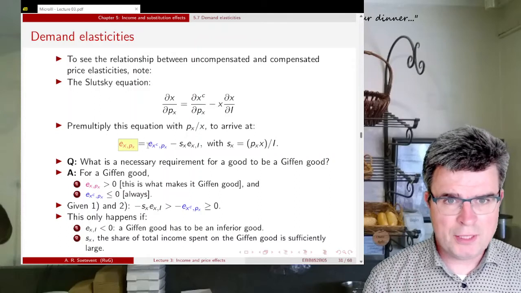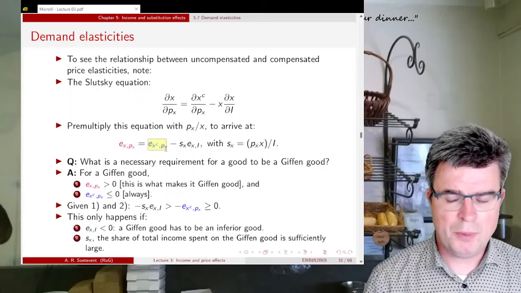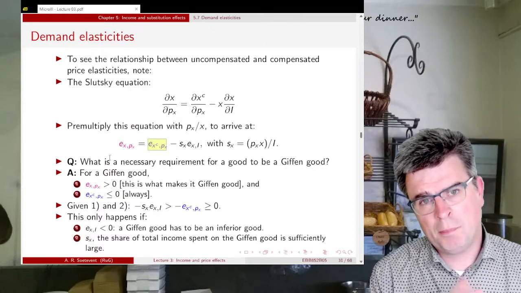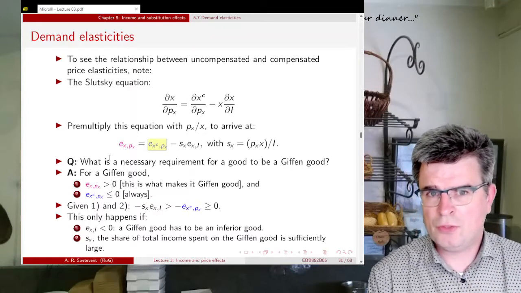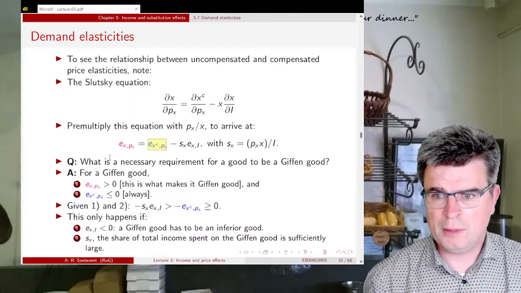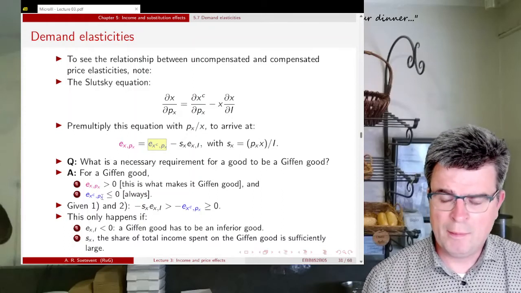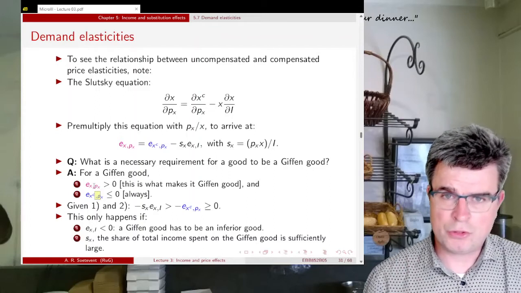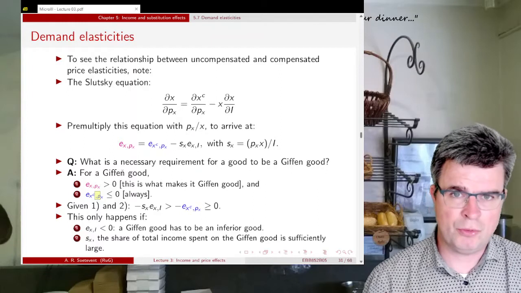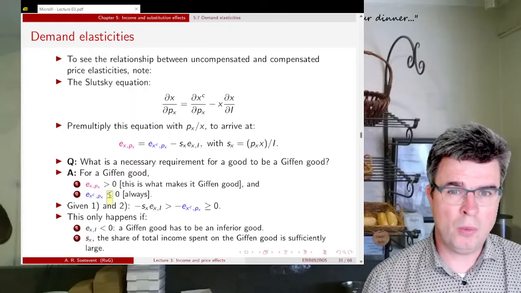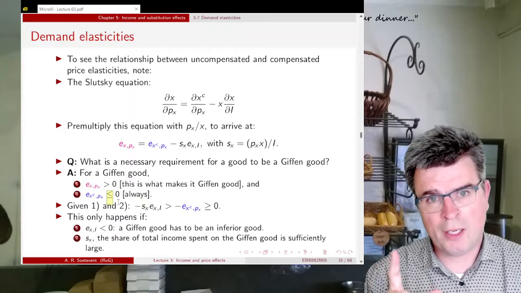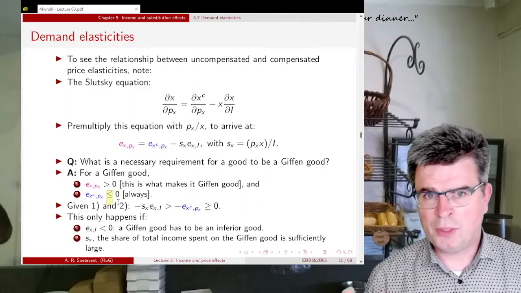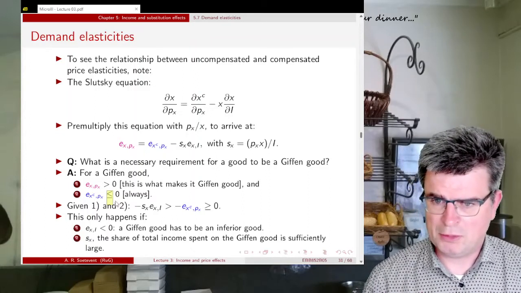Then the compensated price elasticity is always negative or non-positive. So we derived that on the previous slide. Because we remain on the same indifference curve, we substitute away from the good that becomes more expensive, meaning that if the price of good X increases, we decrease our consumption of good X. And the equality sign here only holds in case good X and good Y are perfect complements, and the consumer has no way of substituting away from the good that has become more expensive.